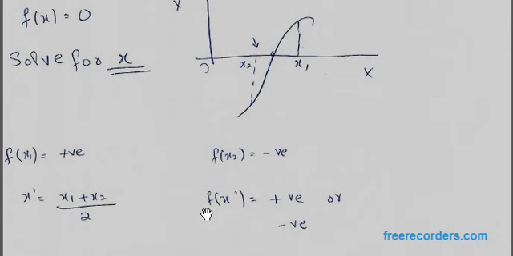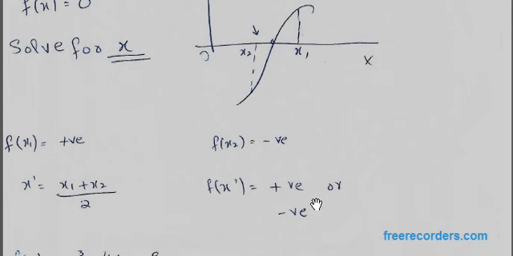If I want to calculate this point, then my first best approximation will be x equals x1 plus x2 divided by 2, and the function at x prime will be positive or negative. This means that our root always lies between the positive and negative number.